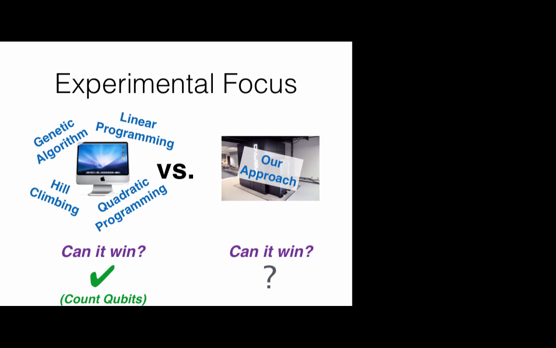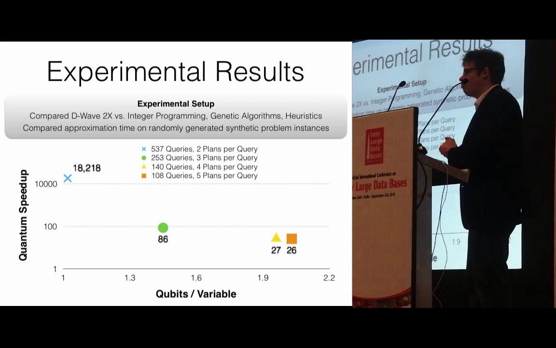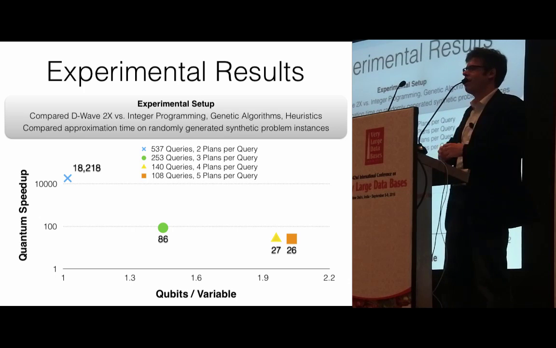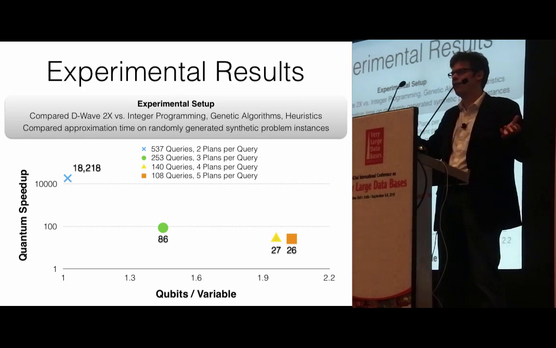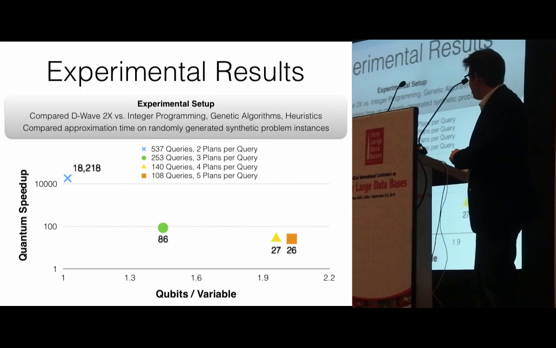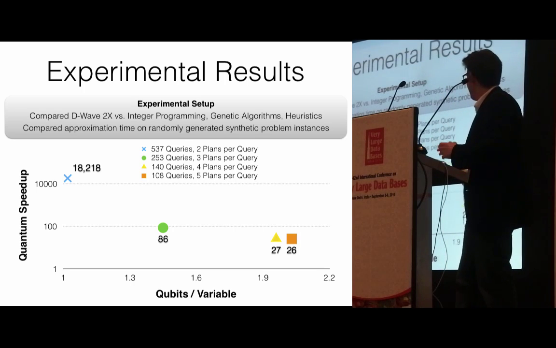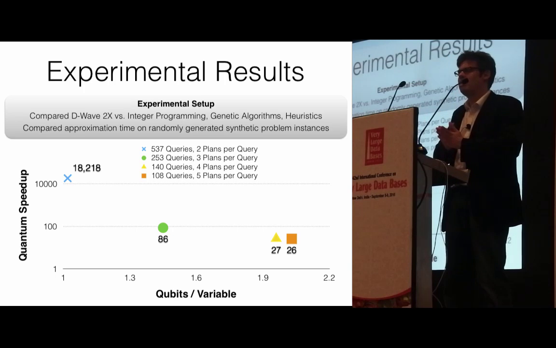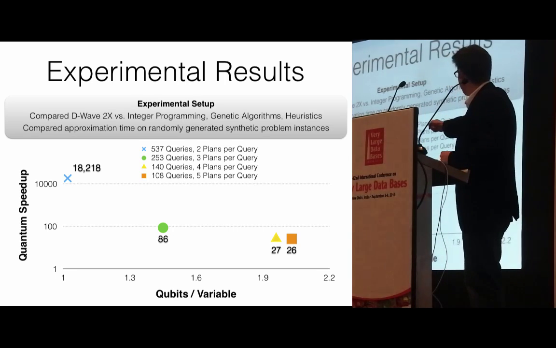And this is therefore the focus of our experiments, in which we want to find out how much faster the quantum annealer is at finding approximately optimal solutions. We always compare against the best algorithm on the classical computer. We have run all those algorithms you have seen before on all of the test case instances. And we generated different test case classes that we classify on the x-axis according to how many qubits you need on average in order to represent a single problem variable.